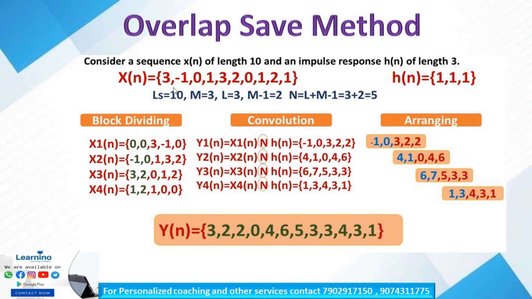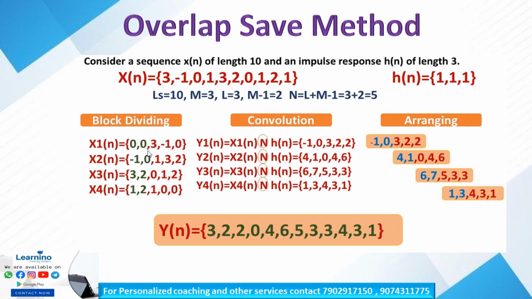In the overlap save method we have three processes: the first one block dividing, the second one convolution, and the final one arranging. So we move on to the first process, block dividing. Here the input sequence is divided into blocks of data of size capital N, that is 5.